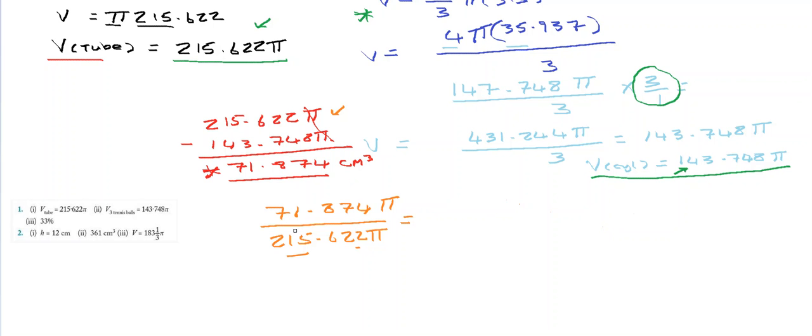So it's going to be this over this, divided by this, multiplied by 100 over 1. That's actually how you'd work it out. Pi will divide into pi once, so that will be 1 multiplied by that and 1 multiplied by that. So then what you're getting is these two numbers as a percentage of each other.